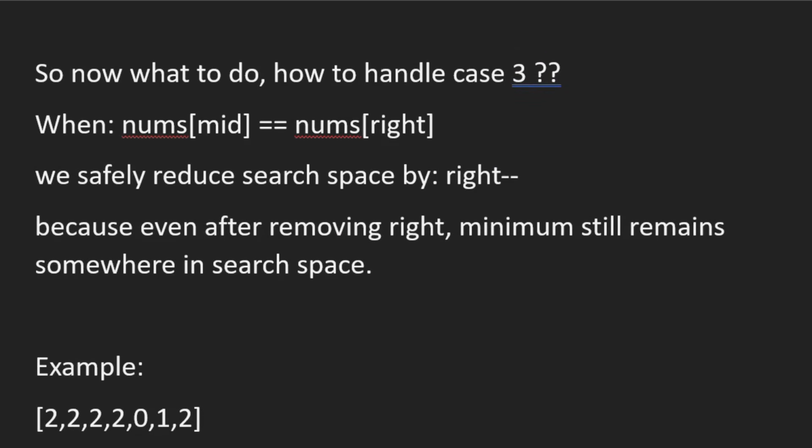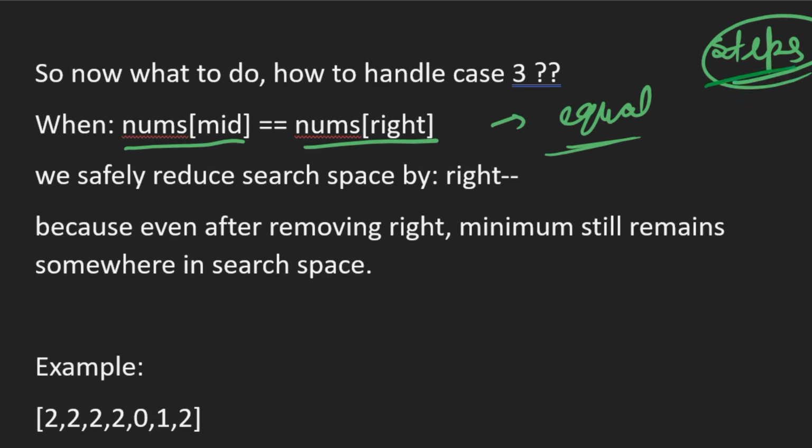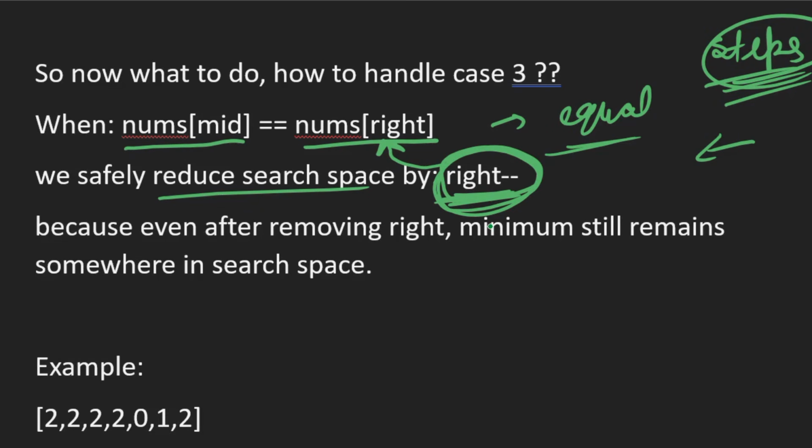So when we get the condition that mid element and right element are equal, in the question we are asked to reduce overall steps to solve the problem. So we reduce our search space by reducing our right pointer until this condition stops holding, and we stop when we get the other two cases, right?